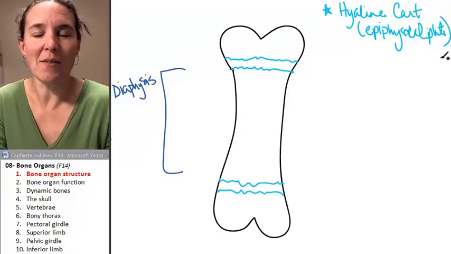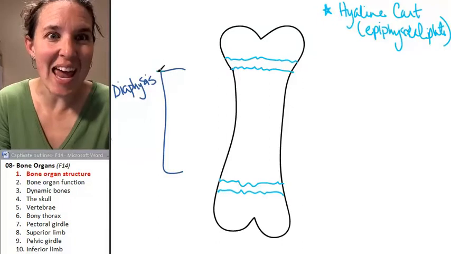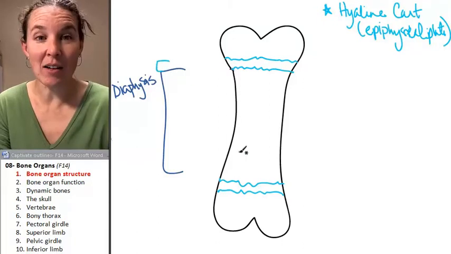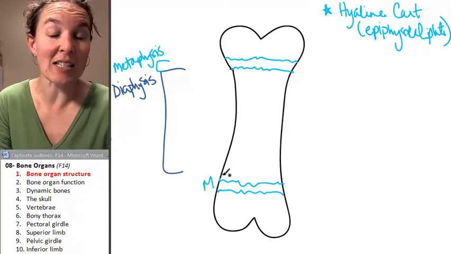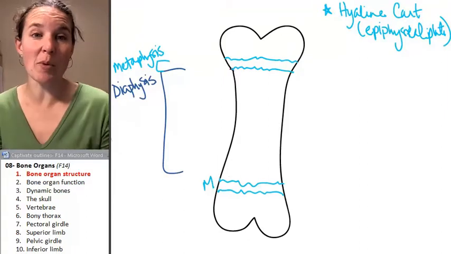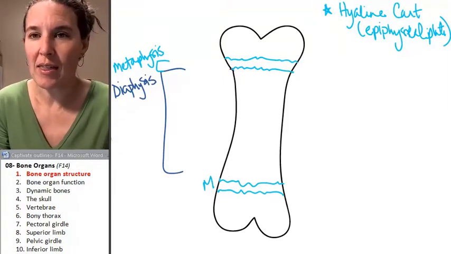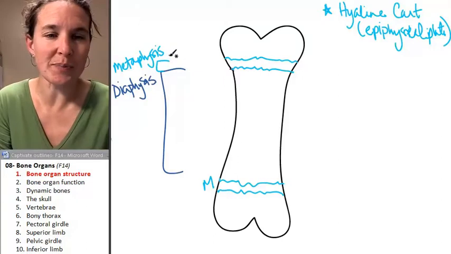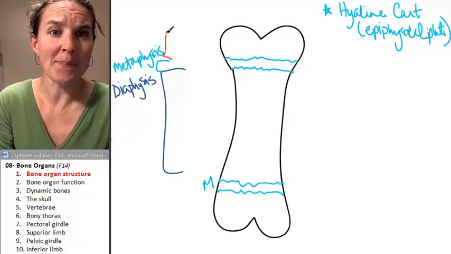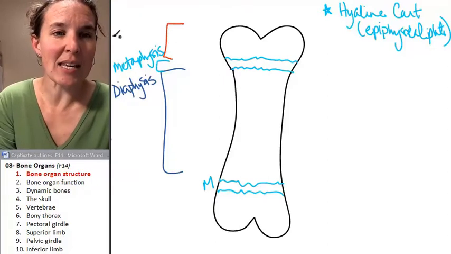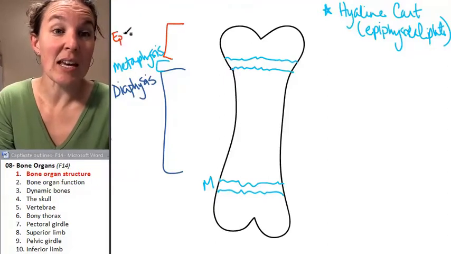I'm telling you all of that because this area on my long bone is called the metaphysis. Metaphysis. So there's a metaphysis on each end of the long bone. And wouldn't you know it, at the top of the long bone, we're going to have one more name, and this one is the epiphysis.